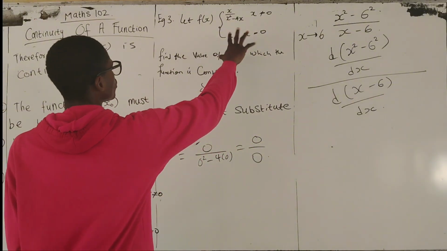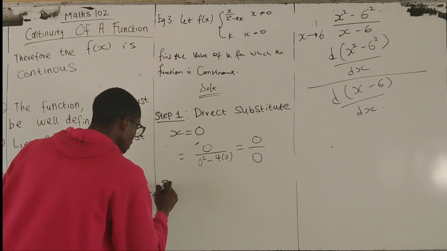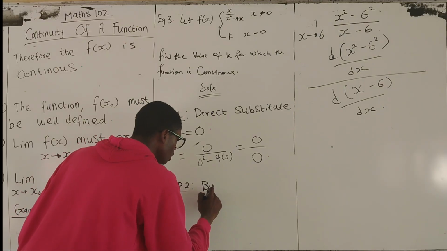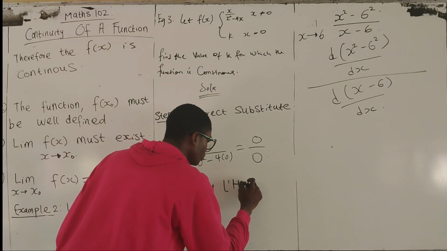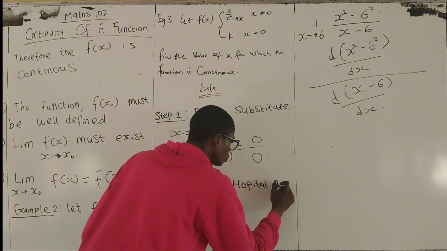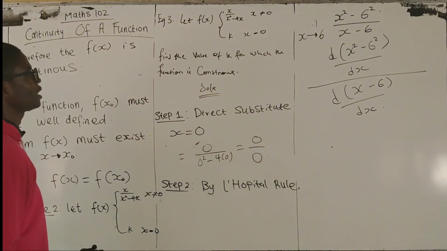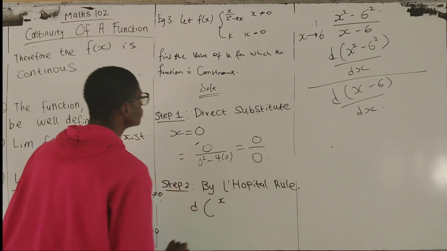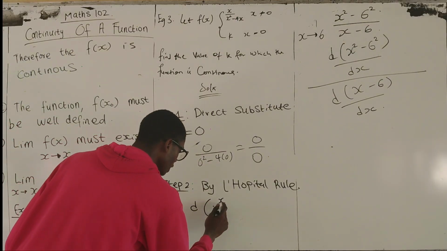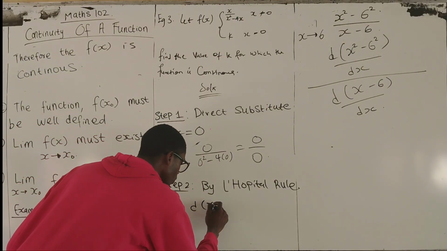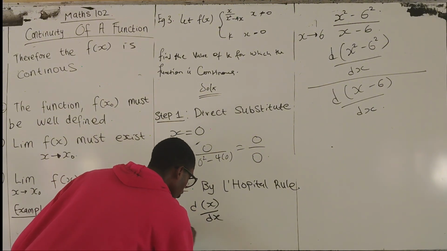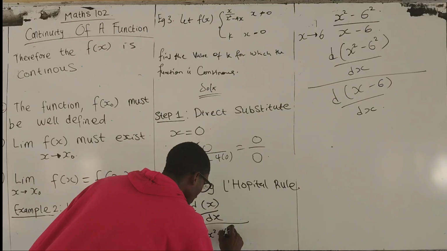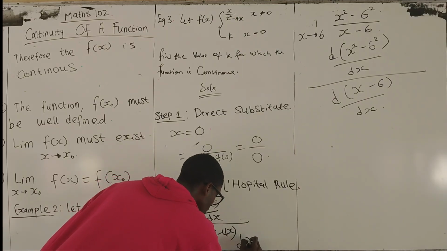Next thing you will do is come here and use the rule. So step 2, by the limit of a function rule, that's what you want to apply here, right? So which is d of x with respect to dx all over d of x squared minus 4x with respect to dx.